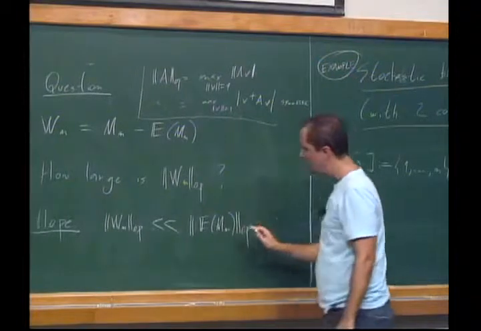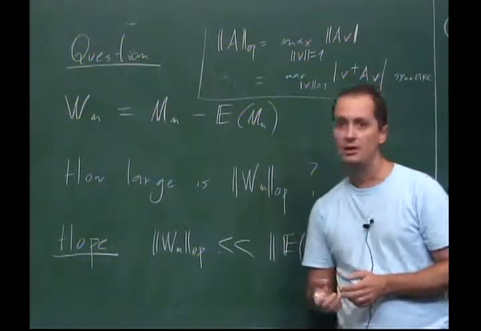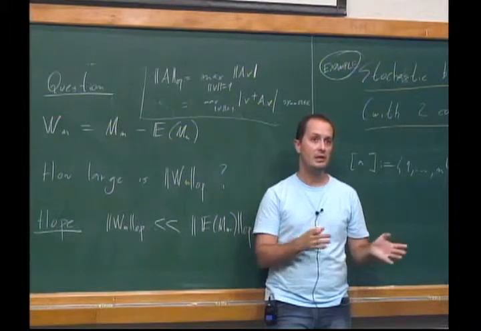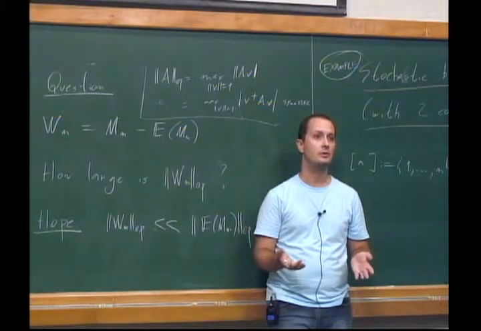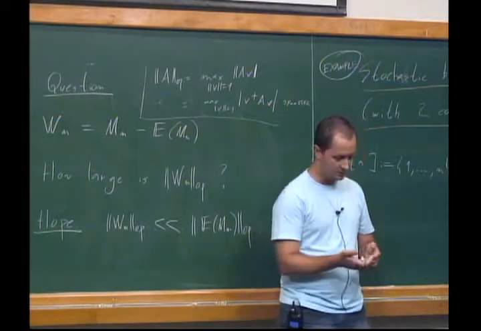I mean, what I'm saying here is not completely garbage, right? There are theorems that tell you that if you have two matrices that are close in operator norm, then their eigenvalues are close, and under certain conditions, the eigenvectors are also close.